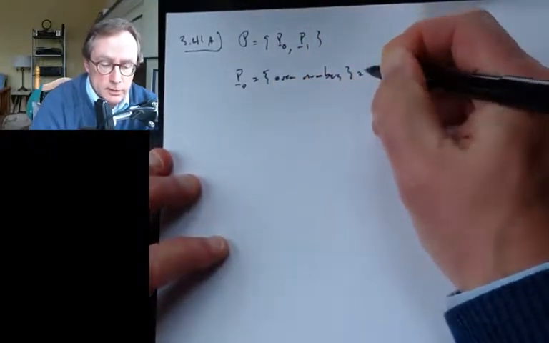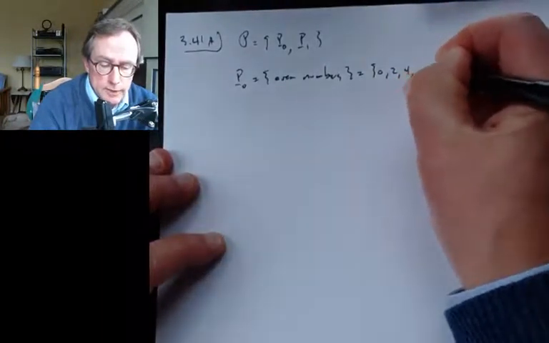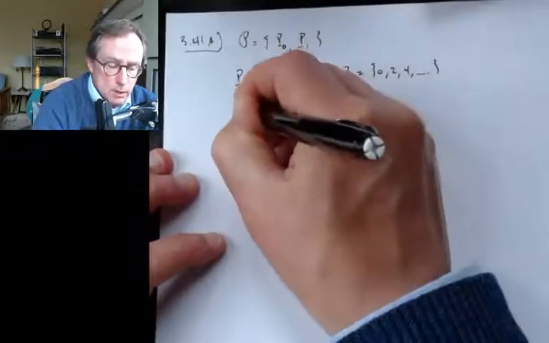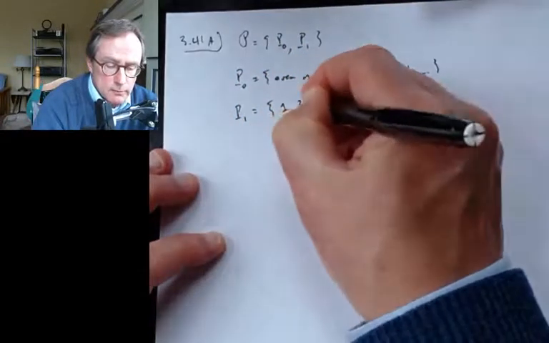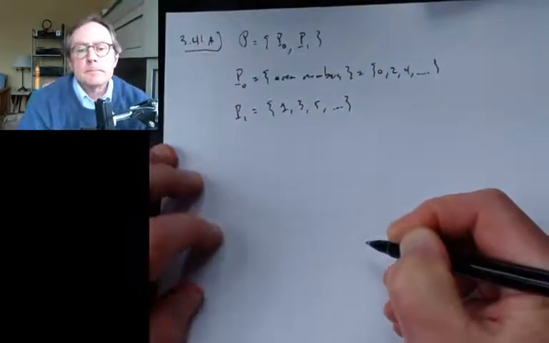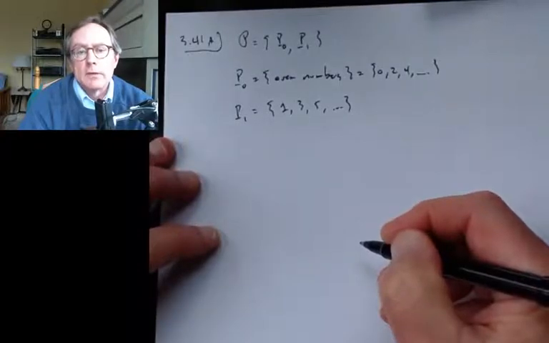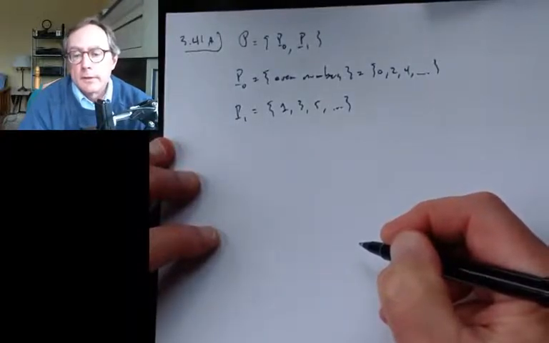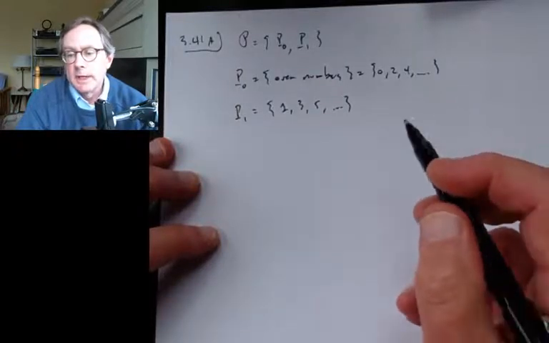So it's just simply supposed to be 0, 2, 4, etc. That's all. And P1 is 1, 3, 5, etc. And I have to show three things. I have to show that each Pi is not empty.